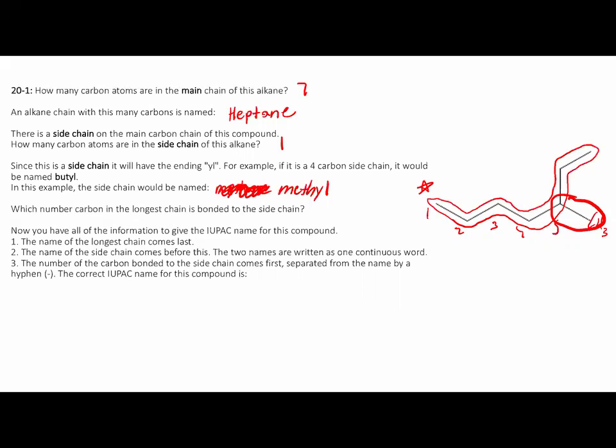On this end, you're 1, 2, 3 carbons away. So you would start from this end, because you number the main chain starting from the end closest to the substituent. This end is closest to the substituent, and that is the 3rd carbon that the side chain is bonded to.